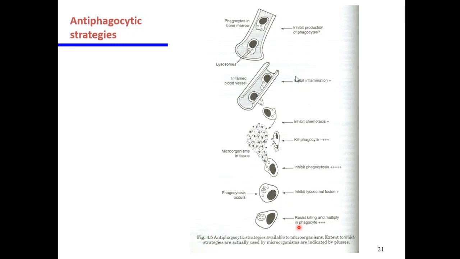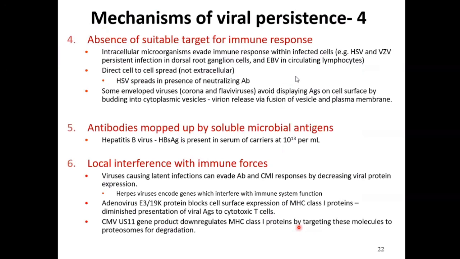And this is general for bacteria as well as viruses. So there is absence of a suitable target for the immune response. Sometimes there is really no suitable target for the immune response to destroy the viruses or to mount a correct immune response.